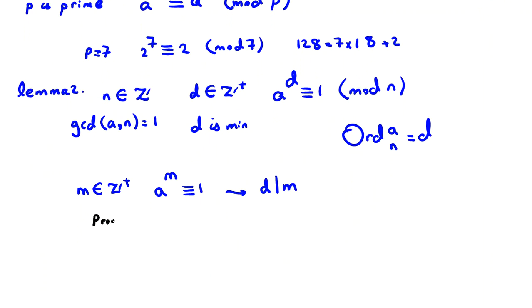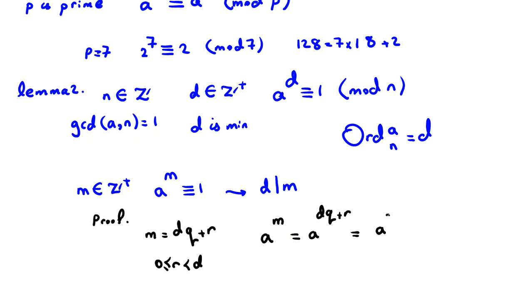What is the proof of lemma 2? Suppose m is dq plus r, where r is the remainder, r is greater than or equal to 0 and less than d. We know a to the power of m is a to the power of dq plus r, and you can say it's a to the power of d, to the power of q, times a to the power of r.